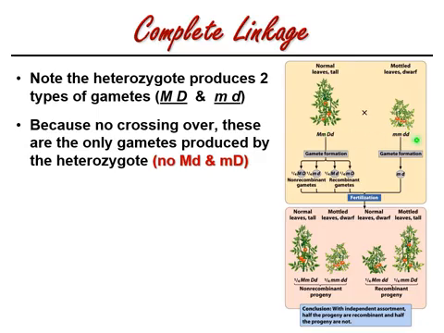And so if you work that cross out on your Punnett square, then you would expect to get a quarter that are normal tall, a quarter that are mottled dwarf, a quarter that are normal dwarf, and a quarter that are mottled tall.